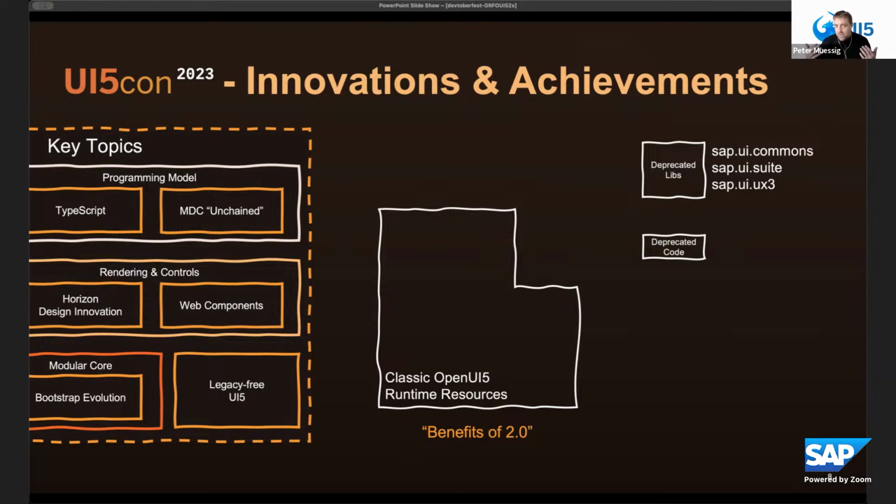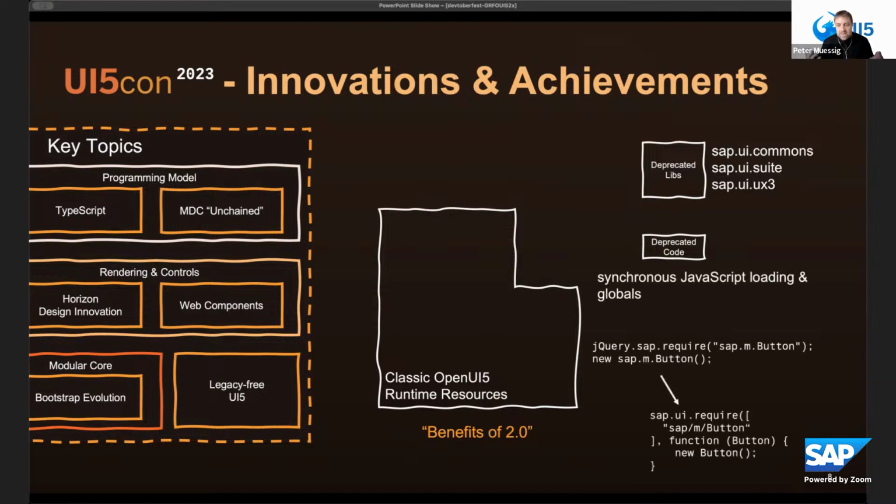Especially if you have asynchronous and synchronous behaviors in the code, these are always two different tracks, and this makes it really hard to do refactorings and modernization of our existing code base. And that's why we said we remove that. One example is synchronous JavaScript loading with globals. That's also one thing we remove. This should be moved to our sap.ui.require. I always call it our UI5 AMD-like syntax.